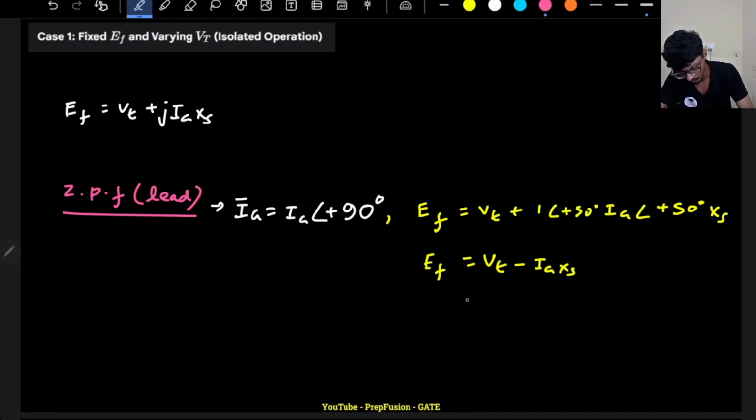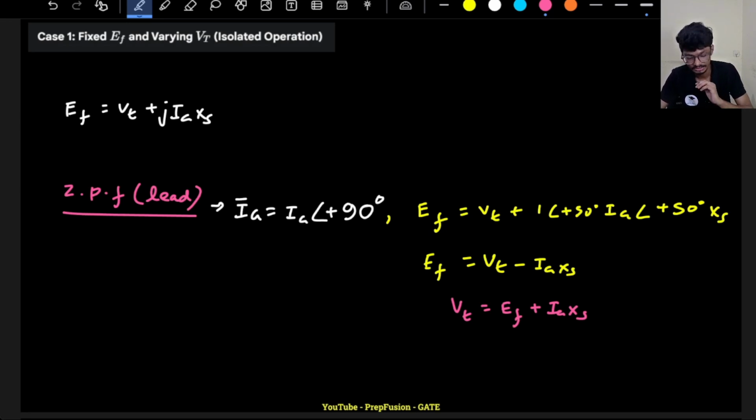So here, what is my Vt? Vt is simply equal to EF plus Ia Xs. So if it's a leading load, your Vt will increase with current.